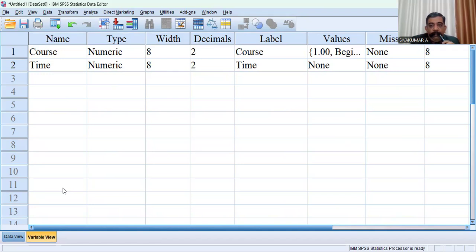The same problem is given to intermediate course completed students. The same problem is given to advanced level course completed students. Then independent variable is course, 3 groups: beginner, intermediate, advanced. The dependent variable is the time taken by the candidate to solve the problem.